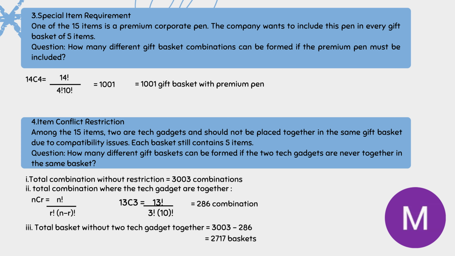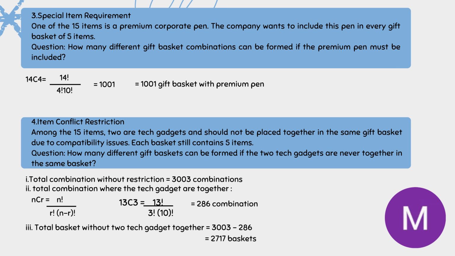Because we have 5 items in every basket and one of them is the pen, we only need to choose 4, so r is 4. Substituting, 14 factorial over 4 factorial times 10 factorial, we get 1001 gift baskets with the premium pen.